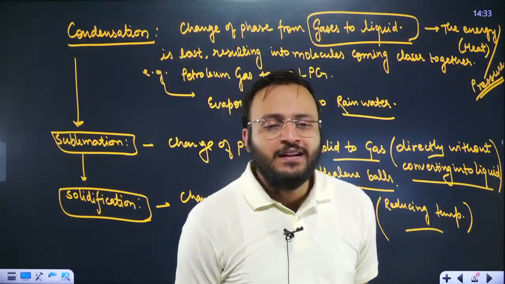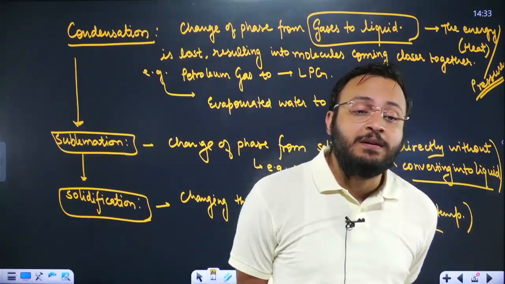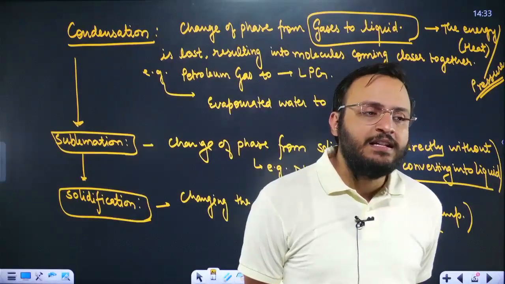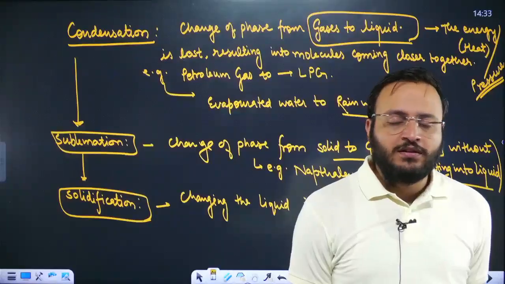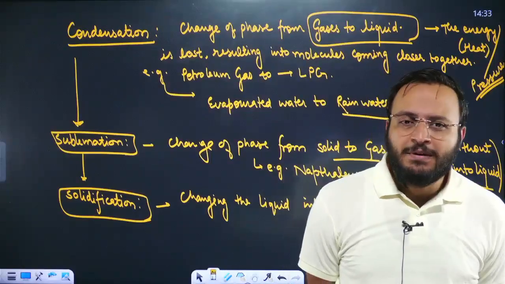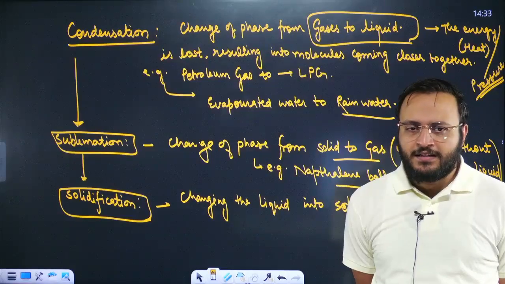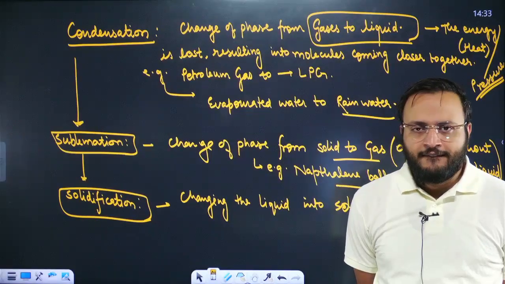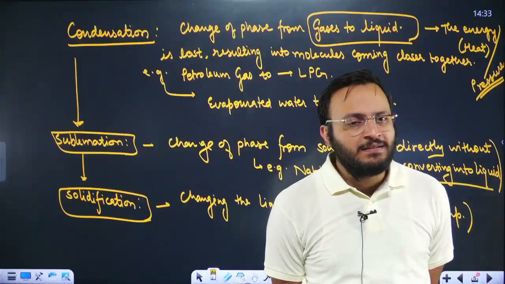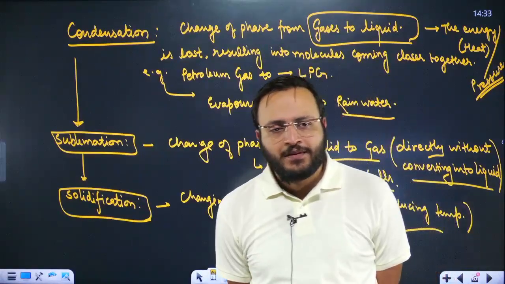That was called the latent heat of fusion, latent heat of sublimation, latent heat of evaporation, latent heat of vaporization. It simply changes the phase of one matter to another, but does not increase the temperature of that matter. All right.